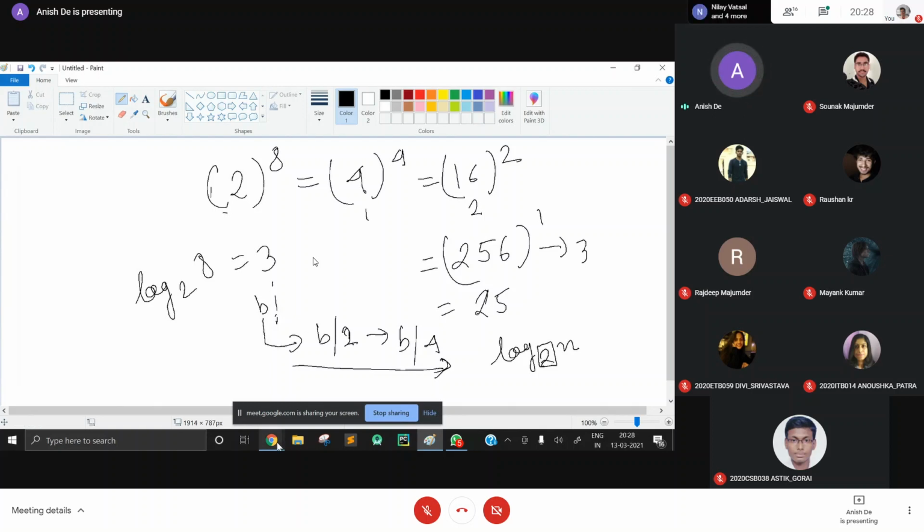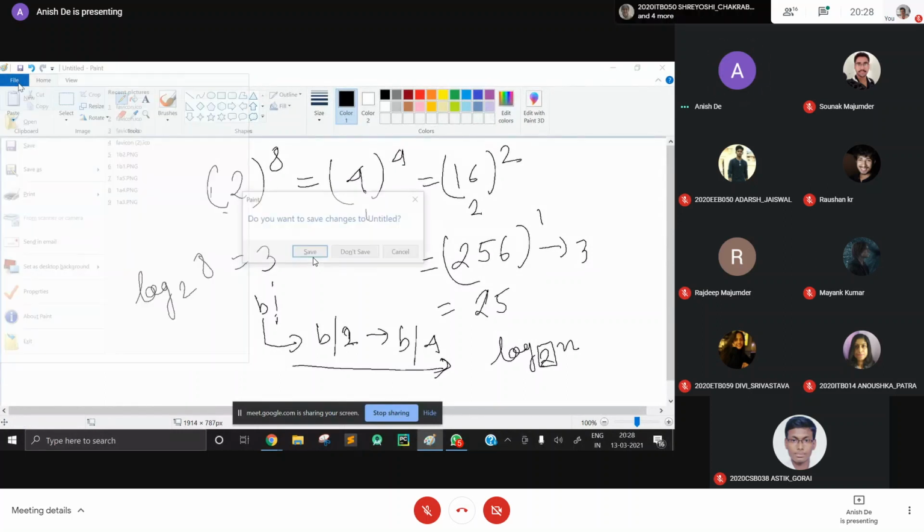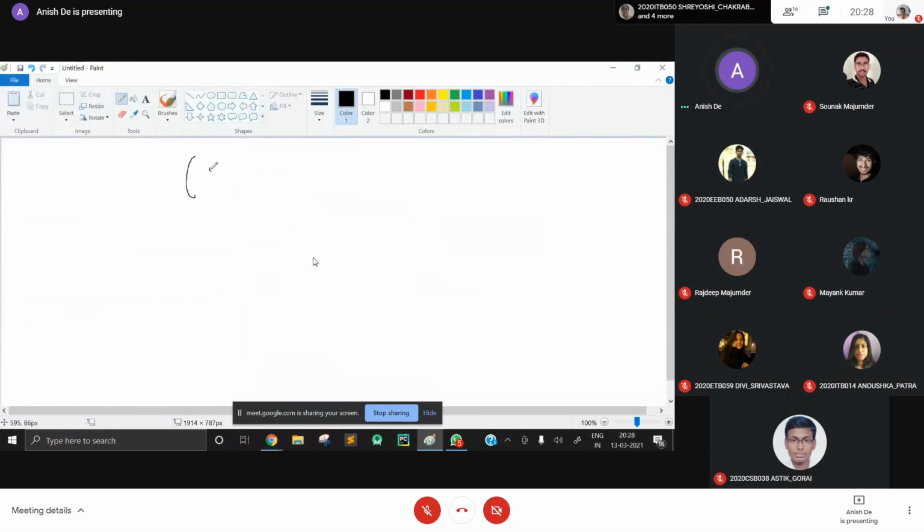Now is this okay? Yes. But what if b is odd? Yes, we are coming to that. Now what if it's 2 to the power 7? Then it's nothing but 2 into 2 to the power 6, we can just multiply it.